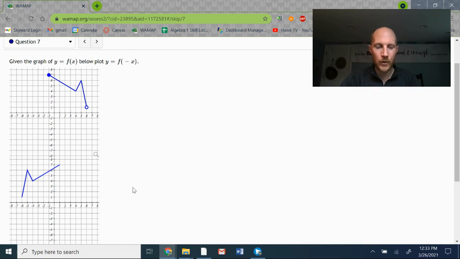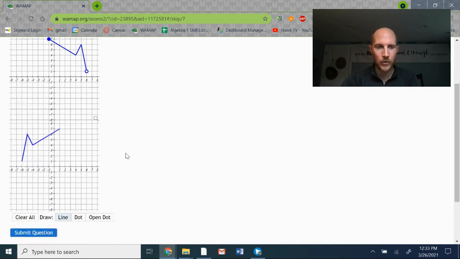I'm going to go ahead and click off the graph so that stops following my cursor around. And then I also need to pay attention to the dots. This graph has some dots. So I've got 2 different styles of dot. I've got a closed dot and an open dot. So this is going to help me identify which point is which when that reflection happens. Like thumb is different than pinky, right? So I want to know which one is which. So the closed dot was at the -1, 7.